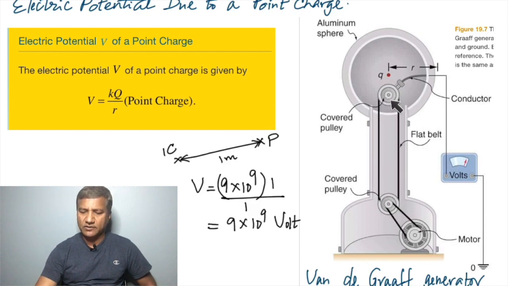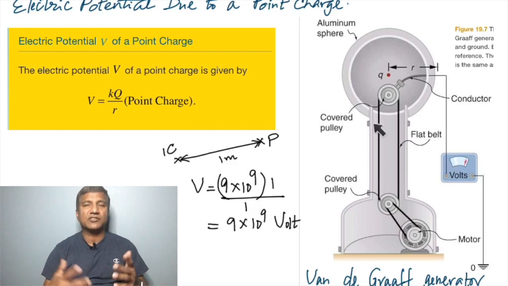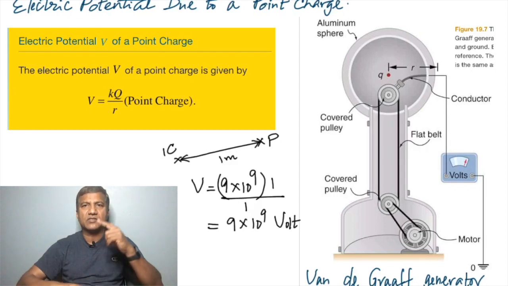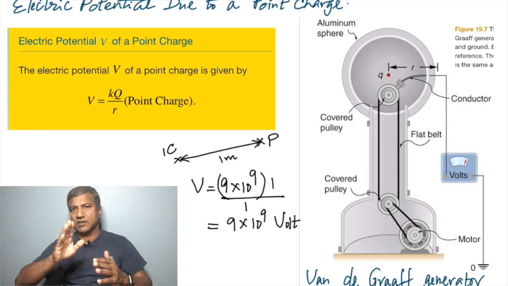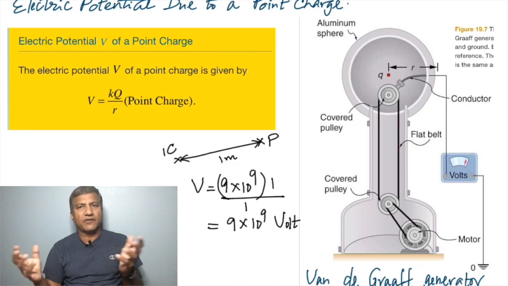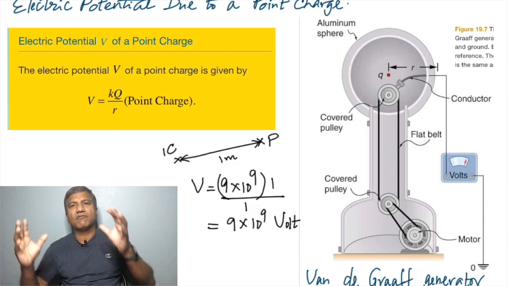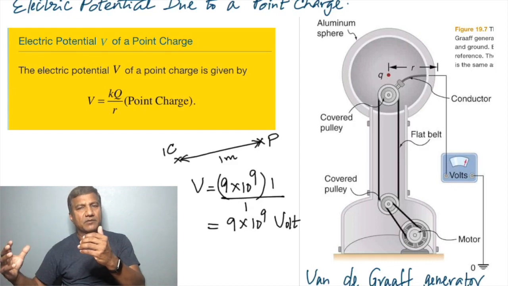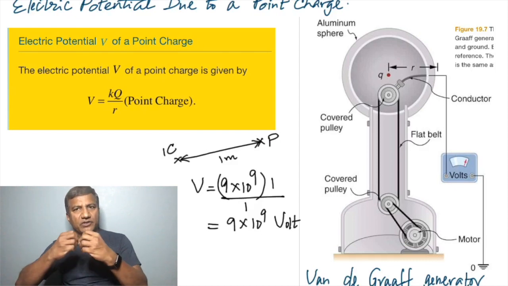It gets charged basically by friction as the motor works, and when it comes to the sphere, the pulley transfers its charge to the sphere, and this process continues. Within a few minutes the sphere becomes highly charged, and therefore the voltage around it becomes so high that the air becomes conducting and the sphere discharges.